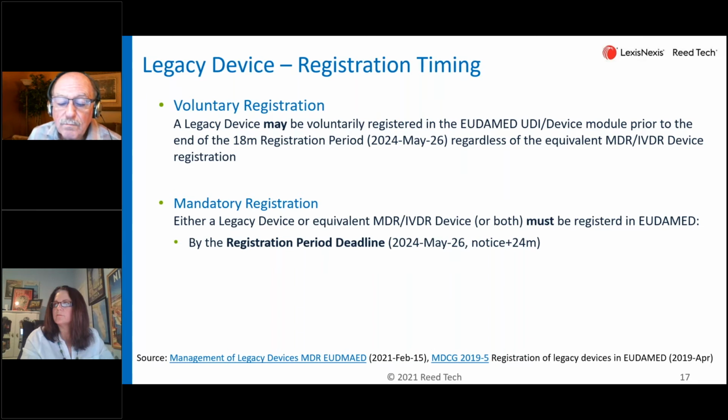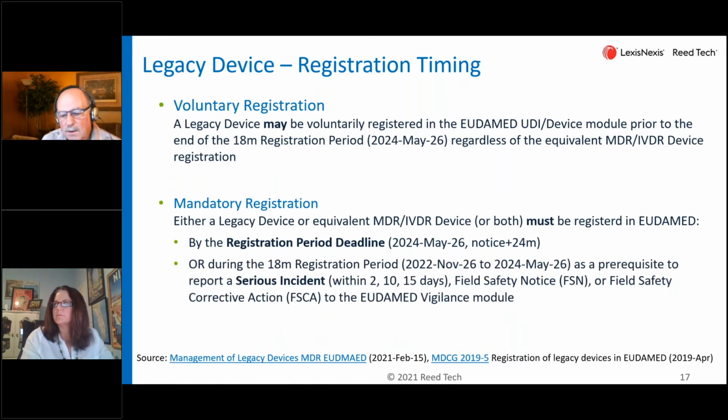Now, during the particular registration window that we referred to, that 18-month period, there's this other provision and requirement that comes into play. So if there's a serious incident, field safety notice, or a field safety corrective action that occurs during that particular window, then you need to quickly respond. So again, with a serious incident, 2, 10, or 15 days, you need to report that particular incident and point back to the corresponding device.